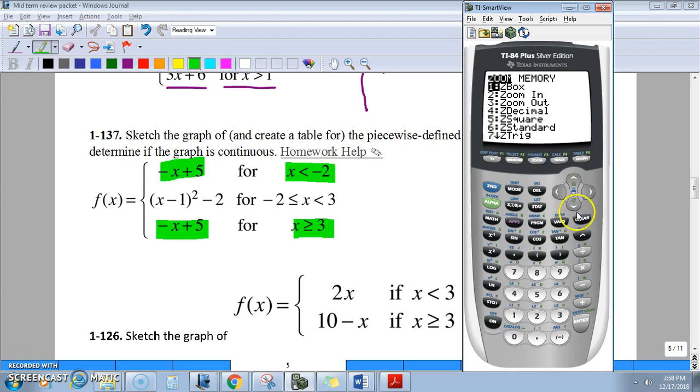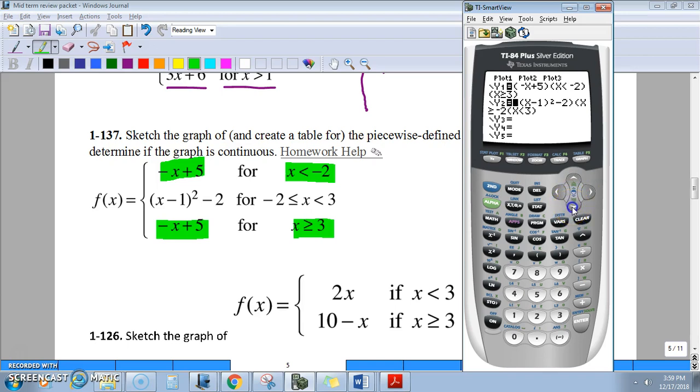Let's zoom out. There's that middle part. It's not giving me my other equation. So I must have done something wrong with my domain.